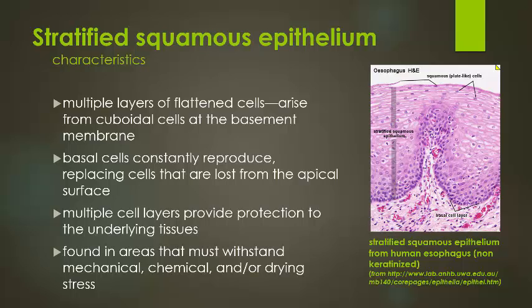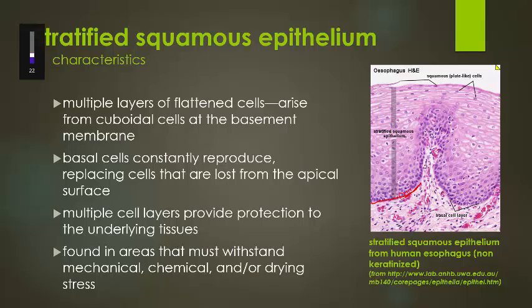So let's take a look here. This is a bit of skin, or I'm sorry, it's not skin, it's from the human esophagus. So here's the basement membrane right there. I'm going to leave this part over here so that you can see. So we've got that basement membrane. And if you look at the cells that are right there attached to the basement membrane, these cells are primarily cuboidal. So the basal cells, that basal layer, are cuboidal cells.